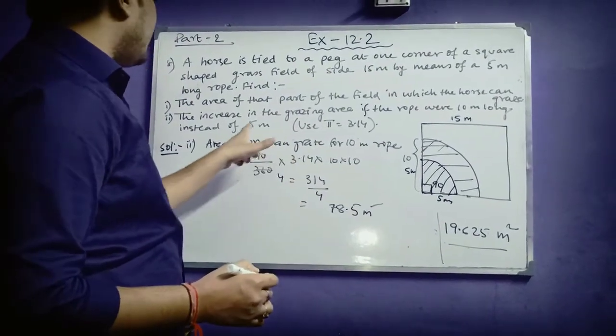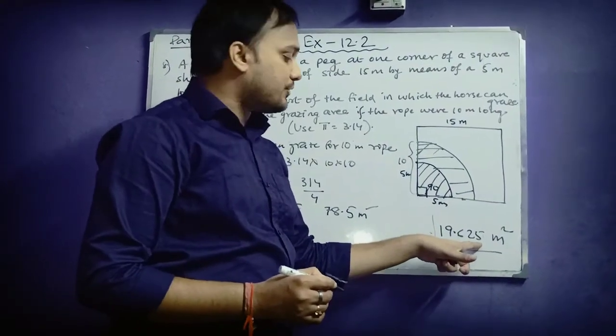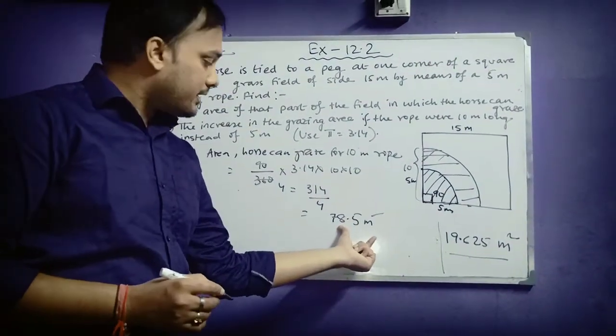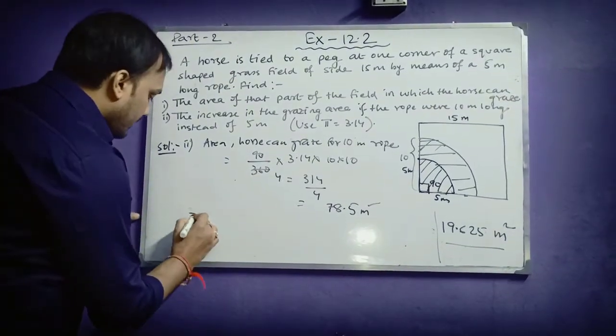But we need to find what is the increase in the grazing area. Earlier the grazing area was 19.625. Now the new grazing area has increased to 78.5 square meter. So what is the increase in the area?